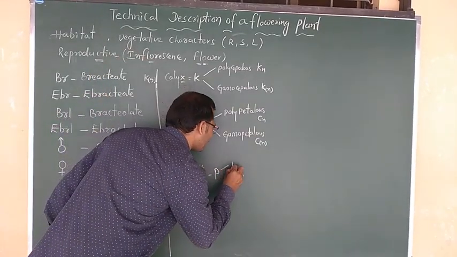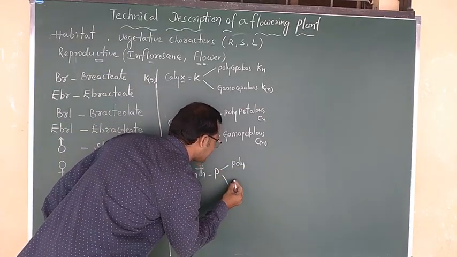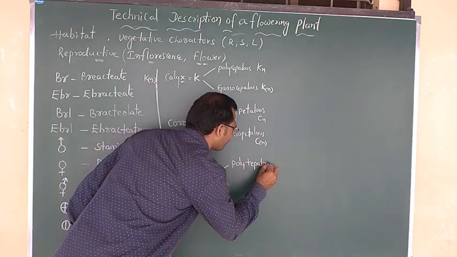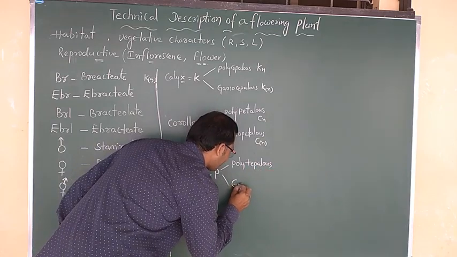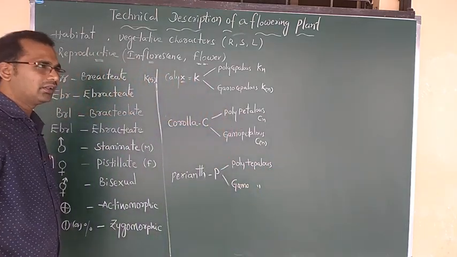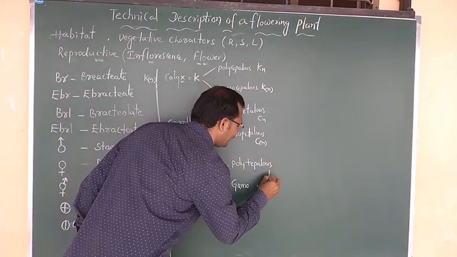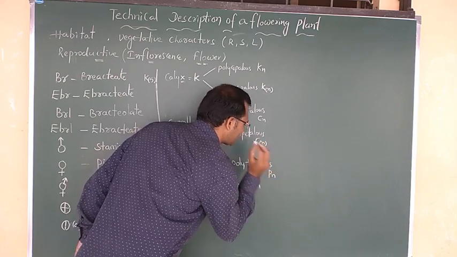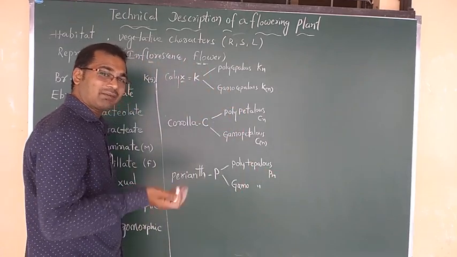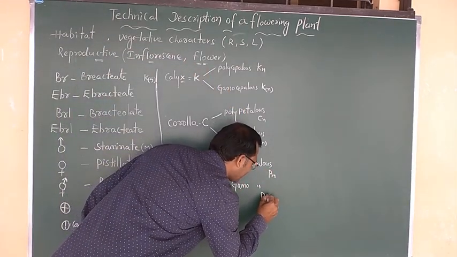Free means polytepalous. United means gamotepalous. In case it is free, what symbol? P, n. How many tepals, we keep the number. In case it is gamotepalous, what do you do? P, n keeping in the bracket.